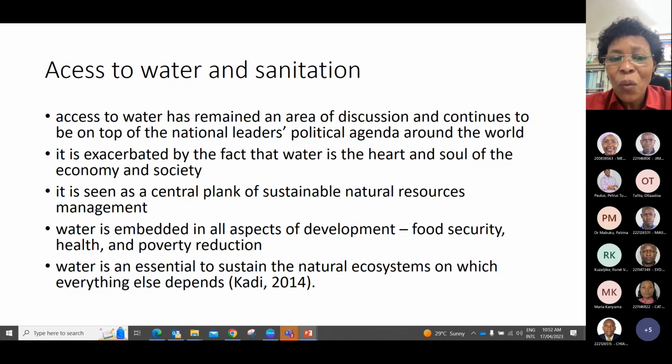There's no way we can become or continue to be a healthy population in the absence of water. There's no way we can reduce poverty in the absence of water, because we agree, I'm sure, that water is at the heart of economic development, and therefore it contributes to poverty reduction.